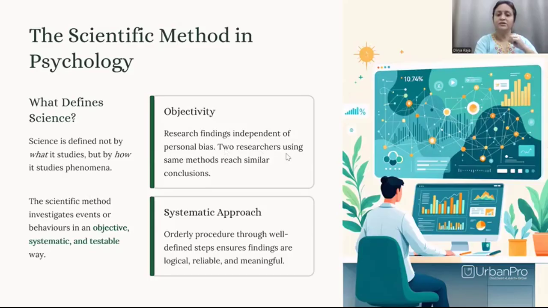And two researchers using the same methods should be able to arrive at similar conclusions. Only then it is considered objective. And my research, only if I follow a systematic approach, will it be accepted in the scientific community. What is that? Systematic approach, being orderly through well-defined steps so that findings are logical, reliable, and meaningful.